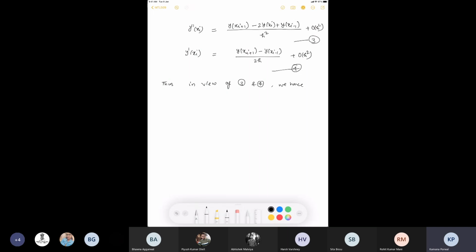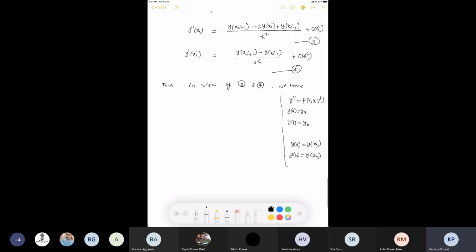Just write down the differential equation: y double prime equals f of x, y, y prime, with y at a equals ya and y at b equals yb. The first observation is that y at a is nothing but y at x naught, and y at b is y at xn. So these data are given to you. Keep this in mind.